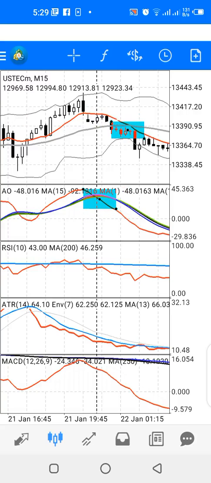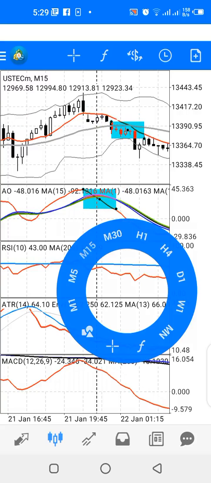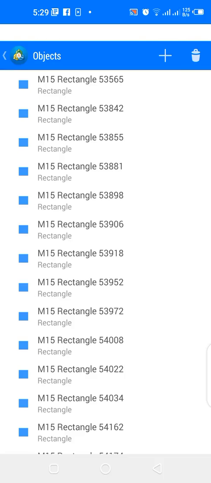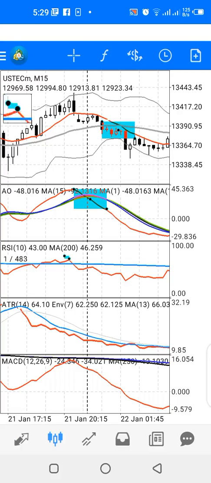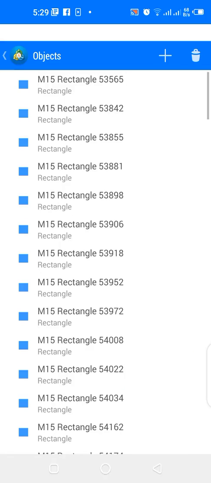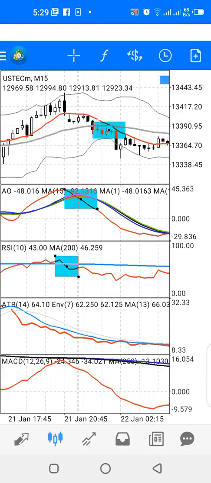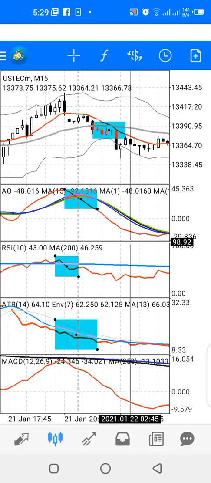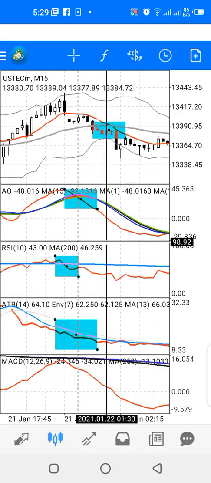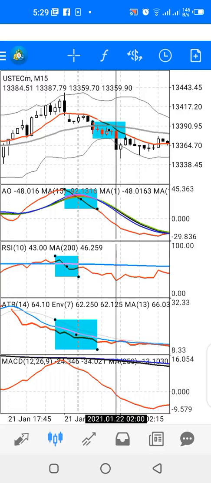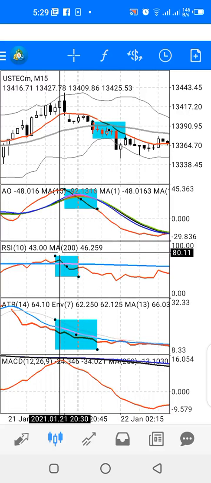You have sell on indicator window 1, and you have sell signal on indicator window 2, and also indicator window 3 is giving you a swing, like a sell cross down. So this is more like a near perfect signal alignment for you to sell.